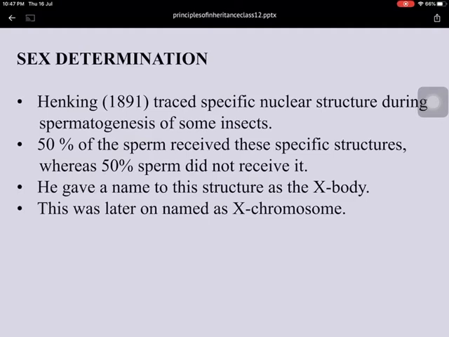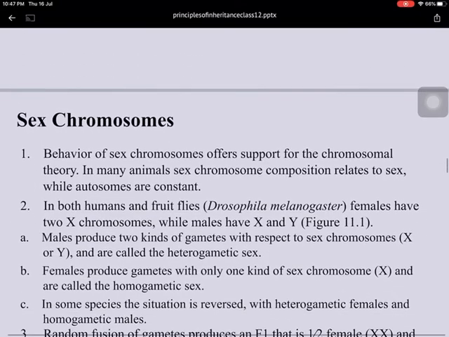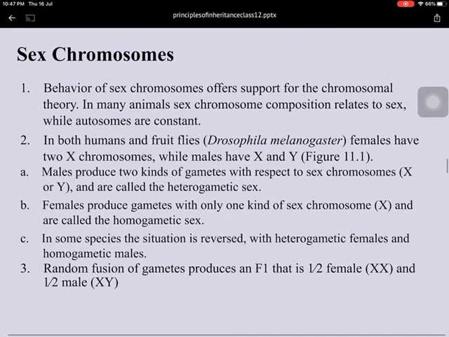So he gave the name X body to this structure. Later on it became known as the X chromosome. After that it was also observed that there is another nuclear structure responsible for giving birth to a male child, smaller compared to the X body, now termed the Y chromosome. So what is a sex chromosome?